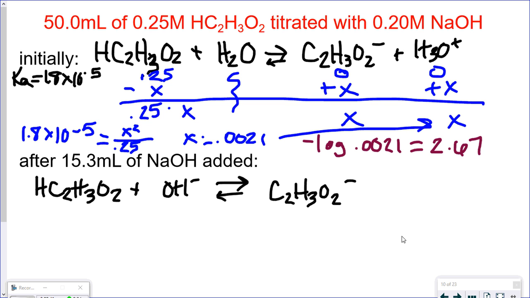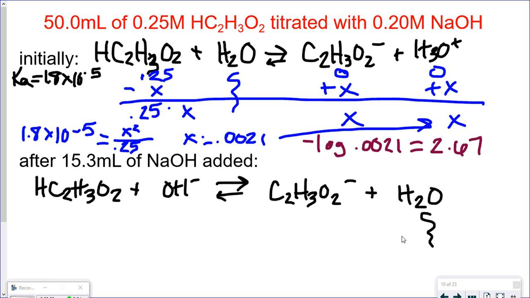So this is before the equivalence point, so we just want to look at how much excess of that acid we are going to have. And you are going to end up having some of your acid and some of the conjugate base in there, which means we can use our Henderson-Hasselbalch equation.